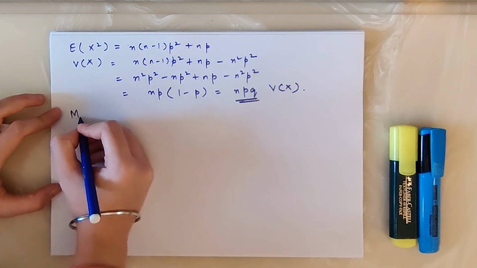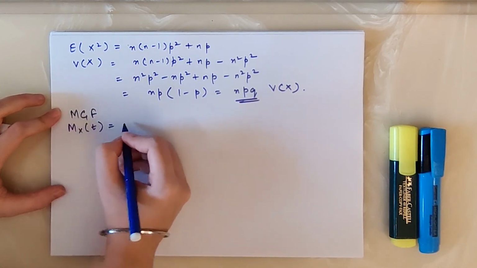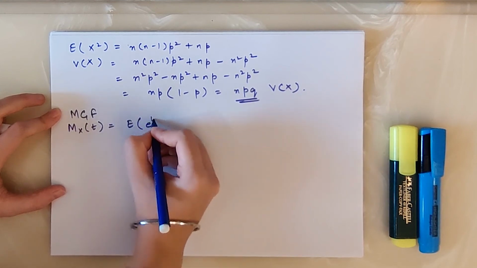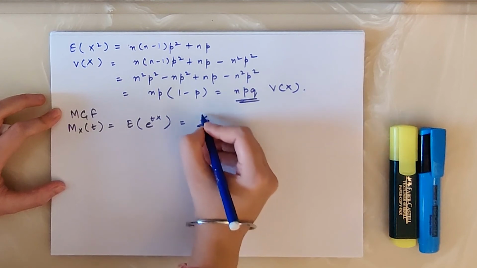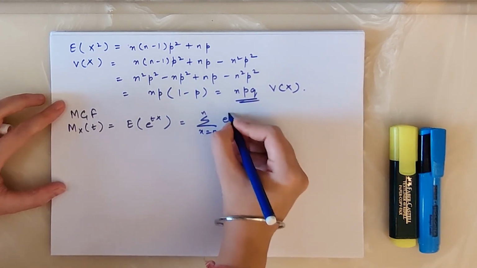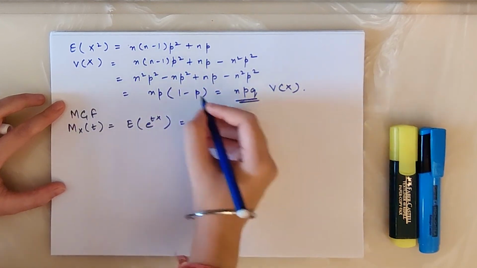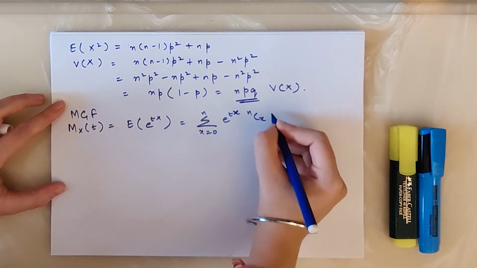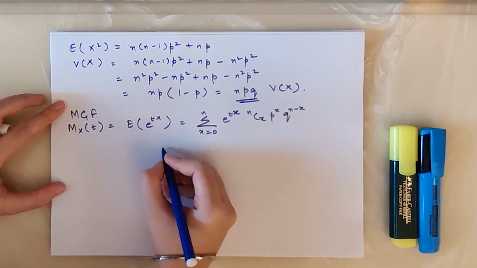Now let's calculate the moment generating function, that is mgf, which is given by Mx(t), which is equal to expectation e raised to the power tx. Now this is equal to summation x equals 0 till n, then we have e raised to the power tx and then probability of x, that is nCx p raised to the power x q raised to the power n minus x.